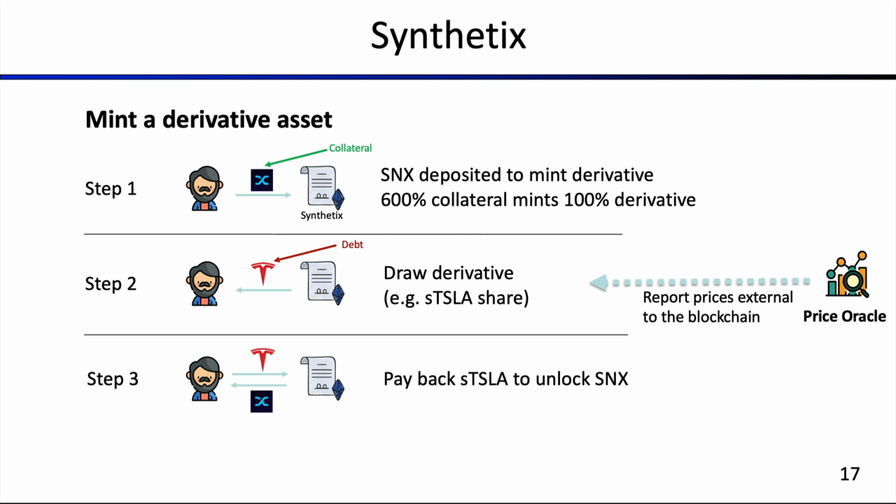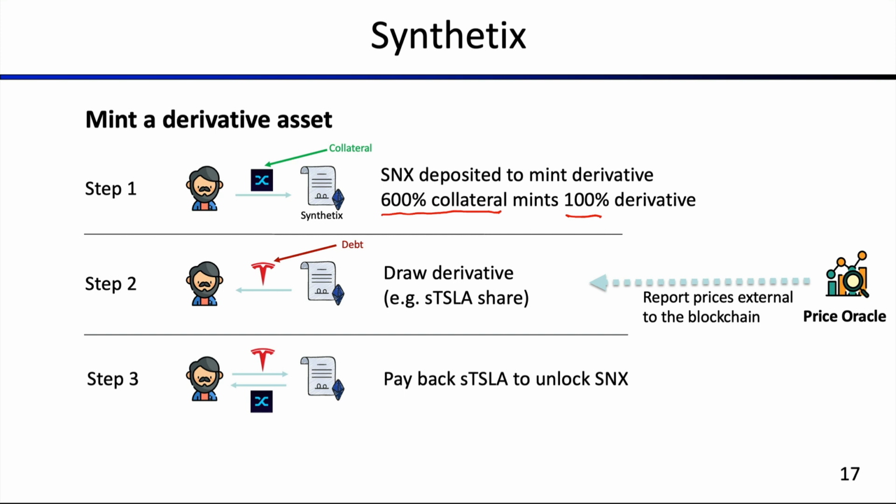The SNX that you deposit in the contract needs to represent 600% of the collateral to mint 100% of the derivative. So you can already see the financial efficiency of Synthetix is clearly below the financial efficiency of MakerDAO. However, it gives you much more flexibility in minting various tokens.